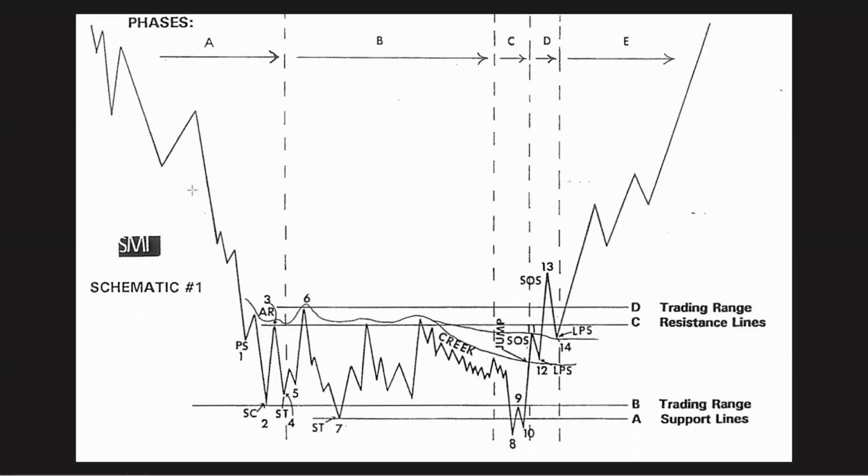Okay, in this case, it's a move down, but this here's your flag limit, which he called the preliminary support, the structure which holds price down after the selling climax until price has finished flagging out, and it finally breaks through here, which he called a sign of strength. So there's your flag limit, price flags out, and price shows strength when it breaks through that flag limit.